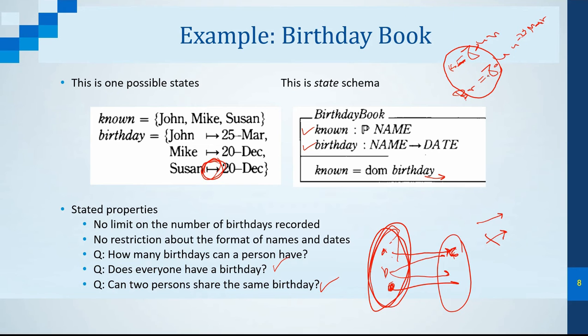Okay, this is now the state. Maybe the next one, once we add another one, we have another one: Milk and 20 December. This is the value. The third one is 2020 December. So this is the value.